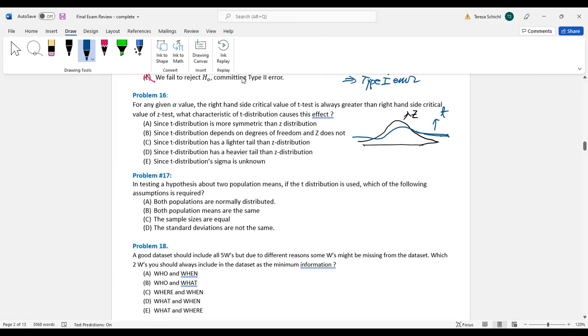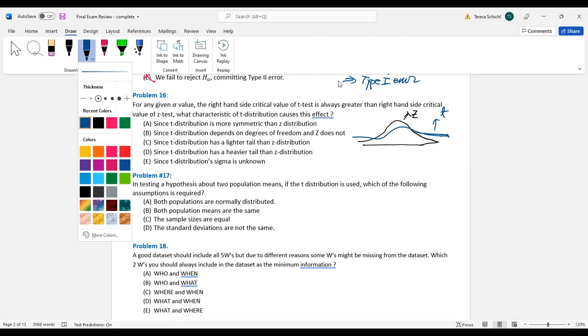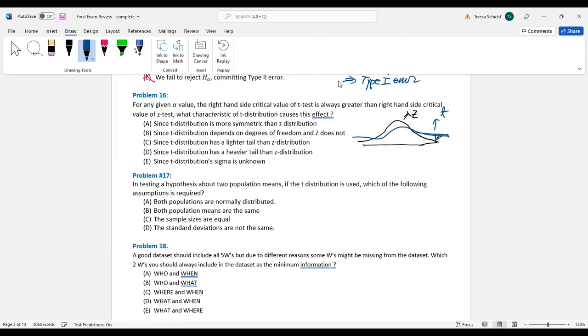Okay, so now let's say for a given alpha value, if this is alpha, because the t has a heavier tail, this point here is the t critical.